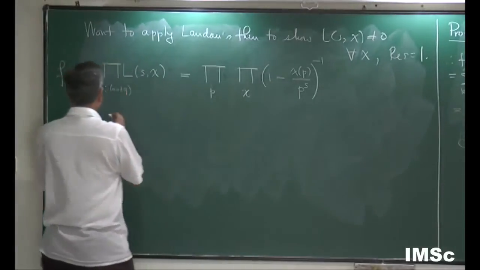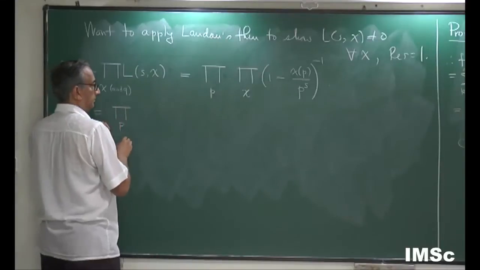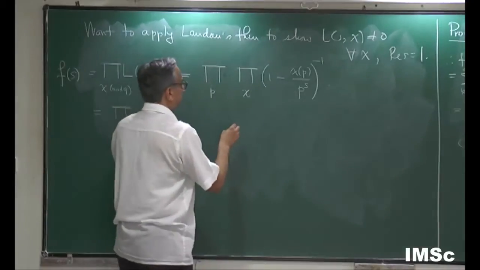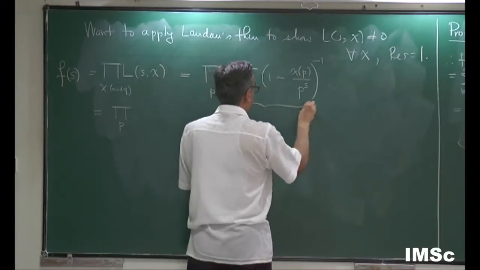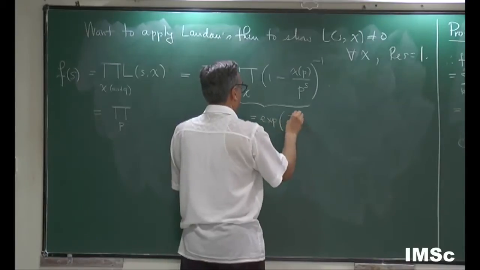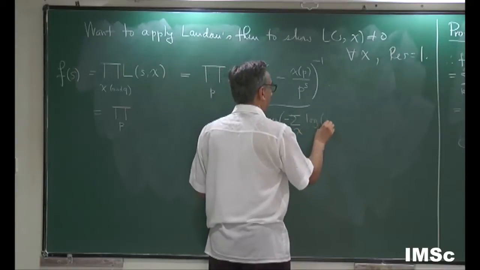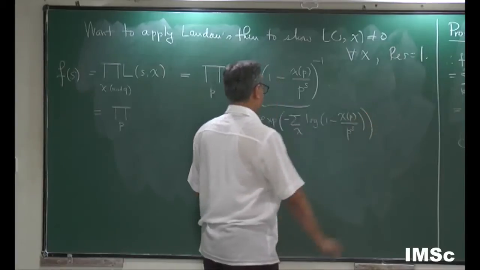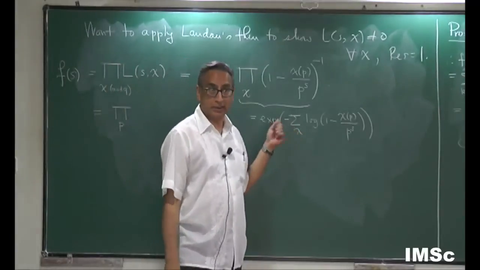Now, this guy, the inside guy, I can write it as, so I can rewrite this guy here as exponential summation over chi of minus log of 1 minus chi of p over p to the s. Okay? You may wonder why, but you'll see in a second.